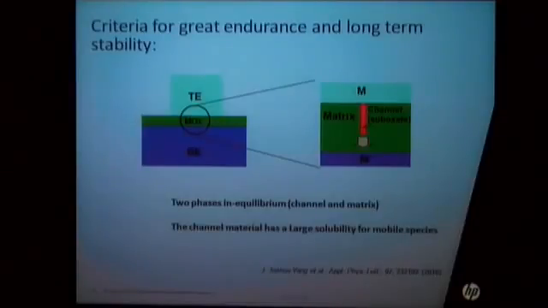And the second criterion is that the channel material needs to have a large mobile species solubility so that it can accommodate the mobile species during switching, so it will not lose these species even after billions of switching cycles.